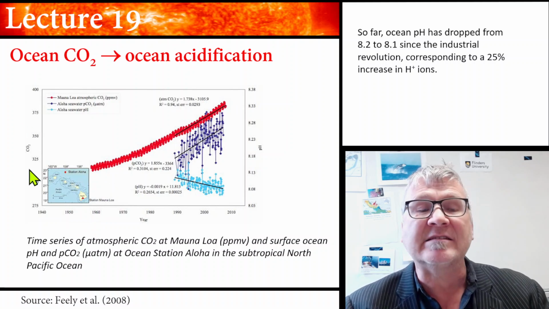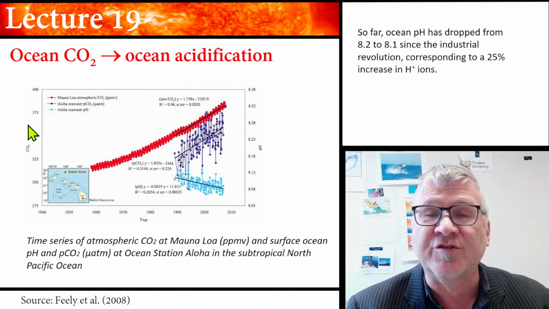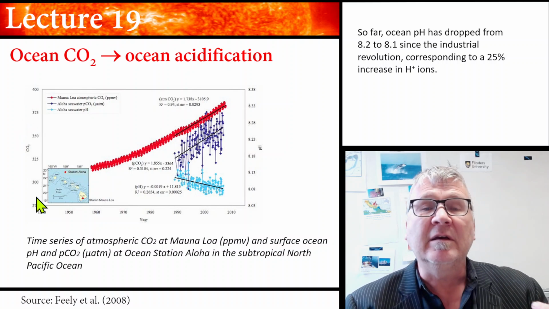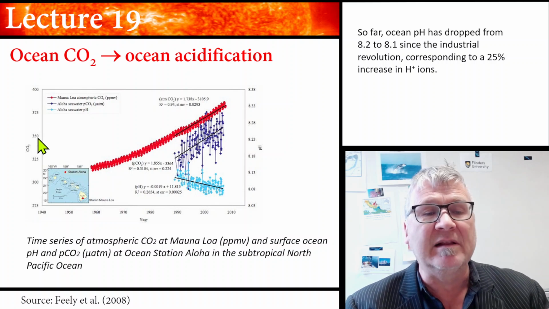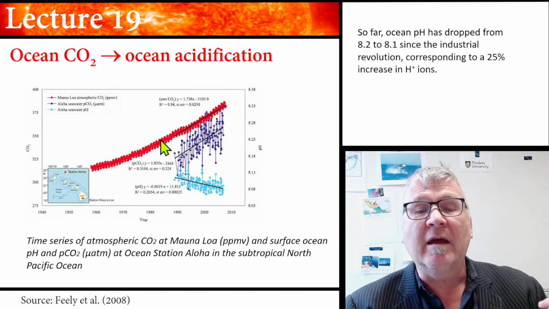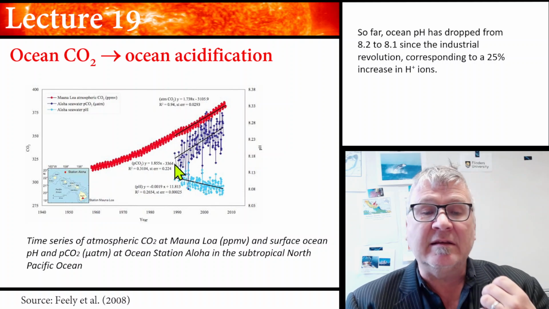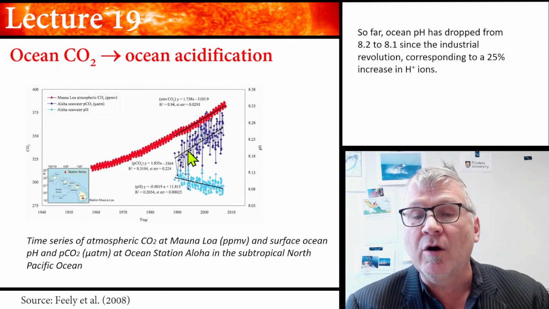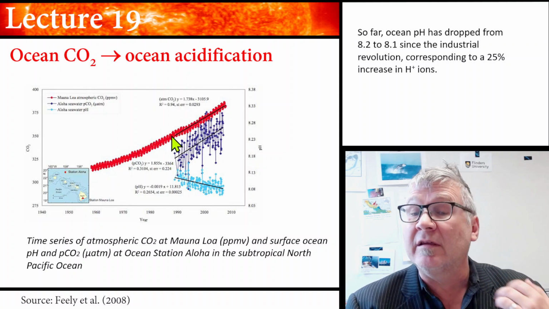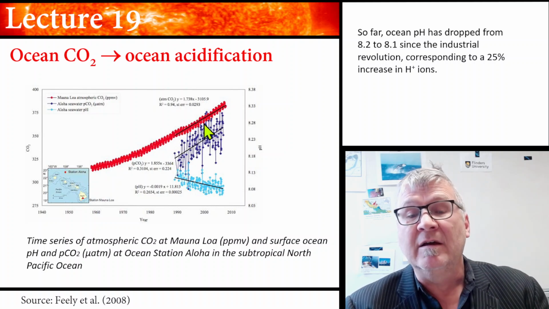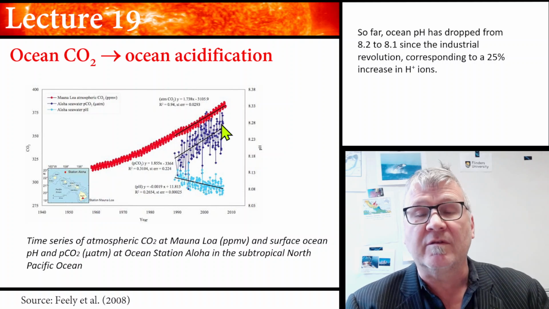On the left axis is the CO2 concentration in the atmosphere in units of parts per million. And then you can see other curves. This one is the CO2 concentration in the ocean.